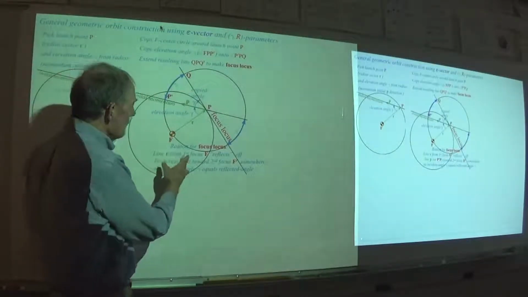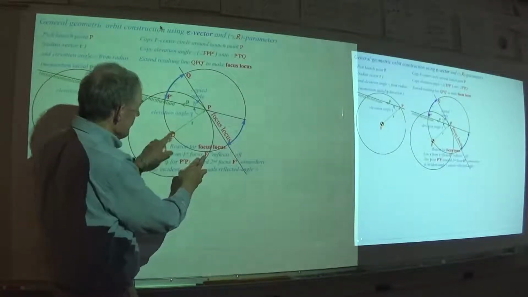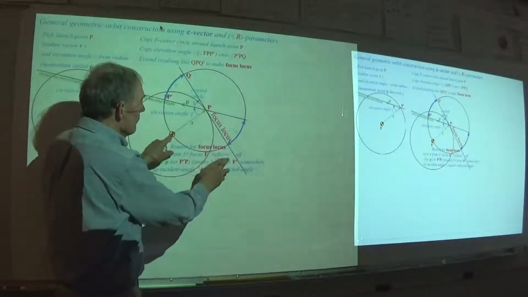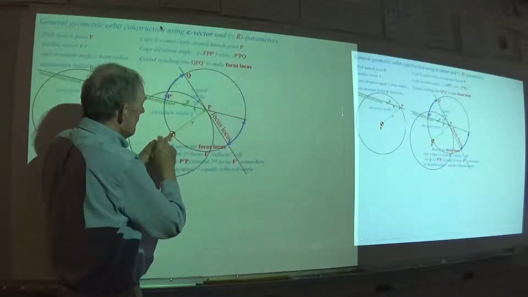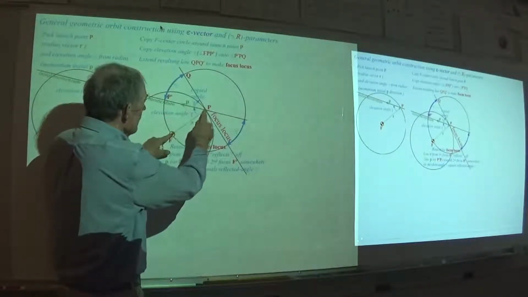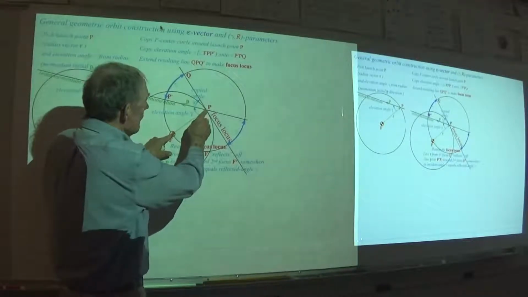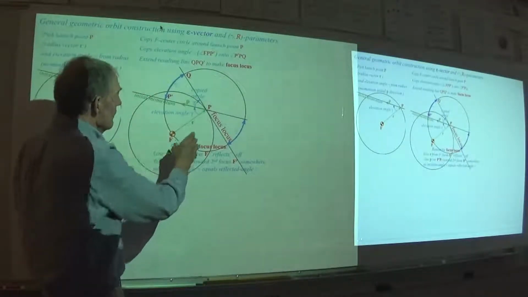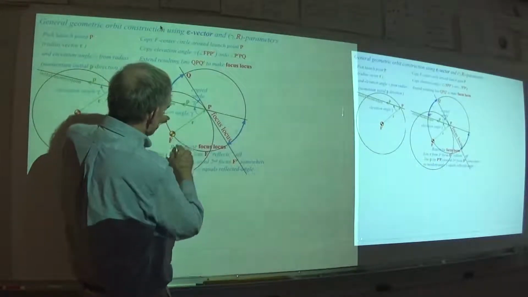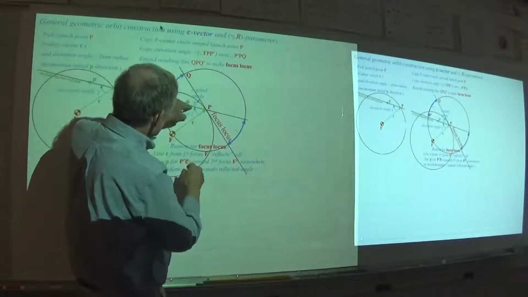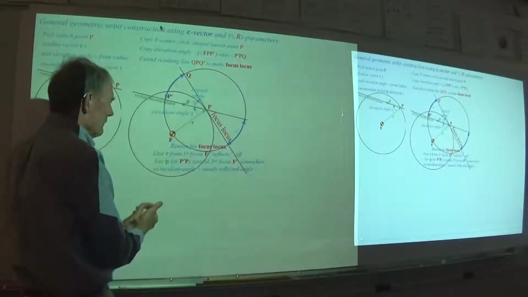The line R from the first focus, that's this one, will reflect off of this. That is, this guy right here reflecting off of that should point to this guy.